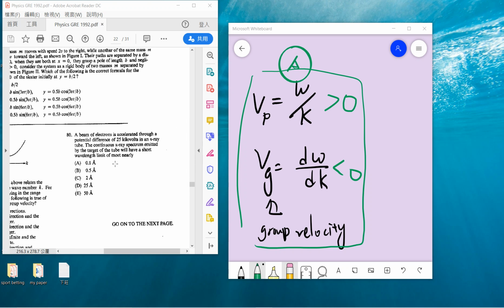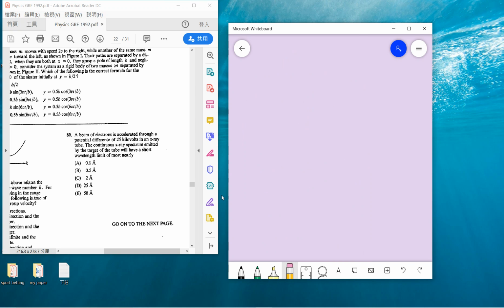Okay, problem 80. A beam of electrons is accelerated through a potential difference of 25 kilovolts in an X-ray tube. The continuous X-ray spectrum emitted by a target of the tube will have a short wavelength limit, most nearly. Okay, so we want to solve number 80.